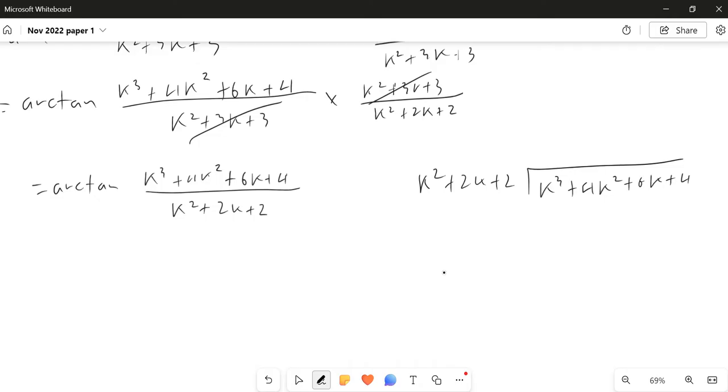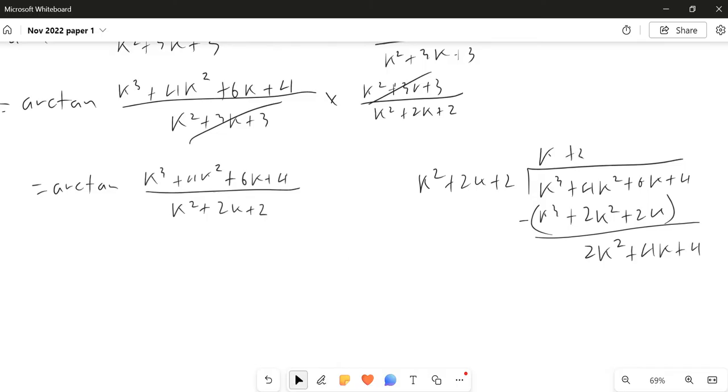So k cubed plus 2k squared plus 2k, and then all this subtracted, so it becomes 2k squared plus 4k plus 4, so then it's k plus 2.